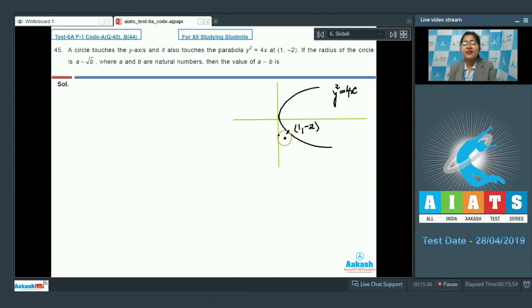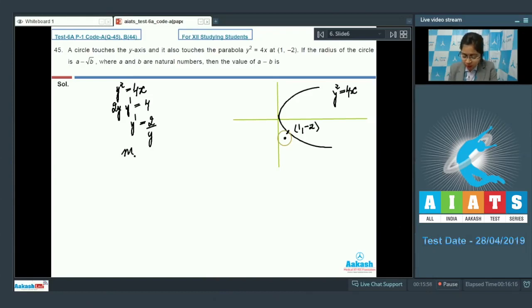So let us first find the equation of the normal at (1, -2). Now the given curve is y square equal to 4x. Differentiating it, we get 2y into y dash equal to 4, that is, y dash is equal to 2 by y. This is the slope of the tangent.